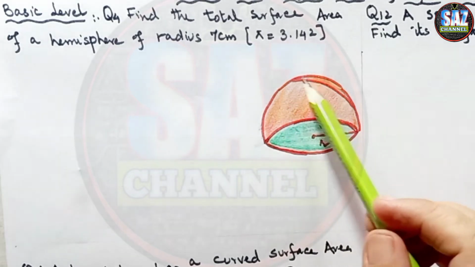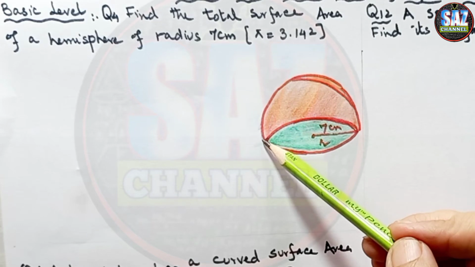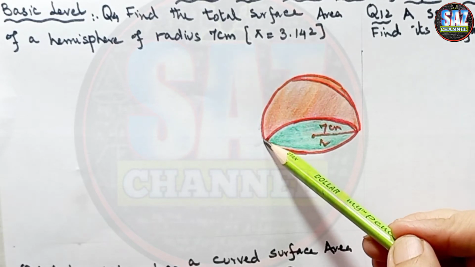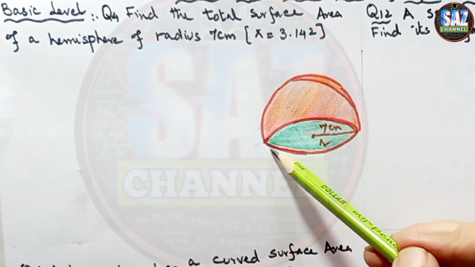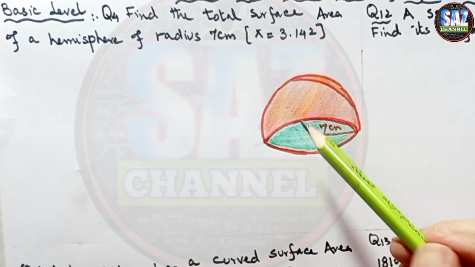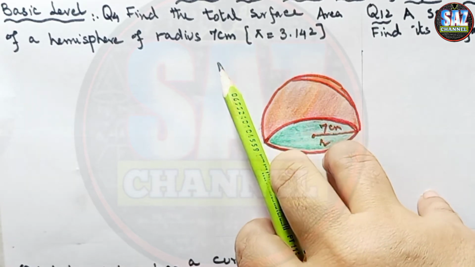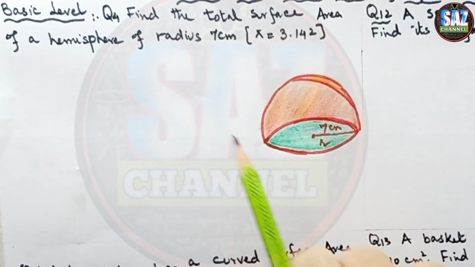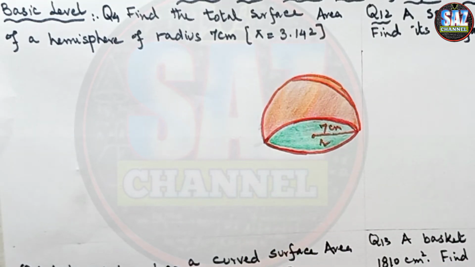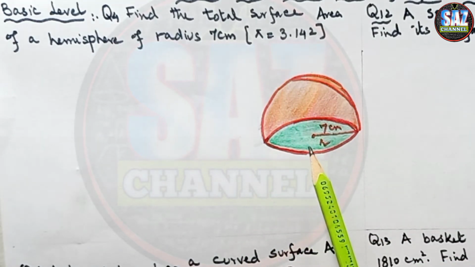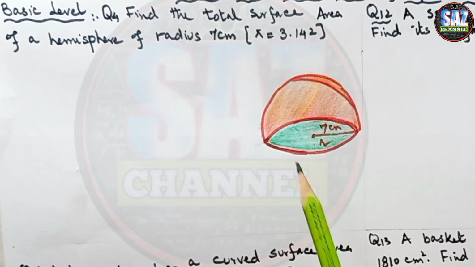As we have to find the total surface area of this hemisphere, the total surface area will be equal to the curved surface area of this hemisphere plus the area of this base as well, because when we keep this hemisphere on some surface, this circular base will be touching that surface as well. So in order to get the total surface area of hemisphere, you have to take the surface area of base as well for the calculation.